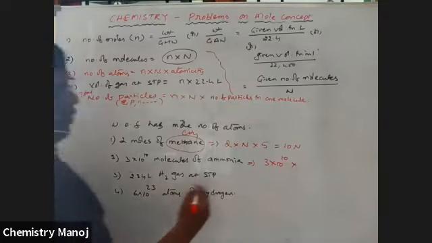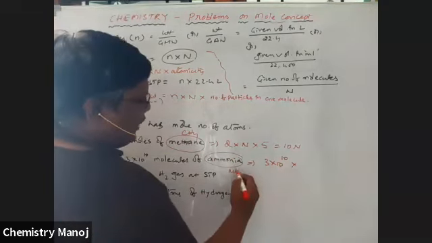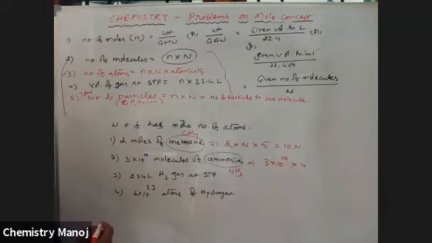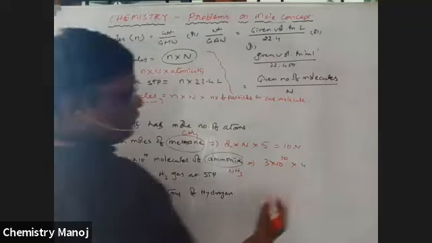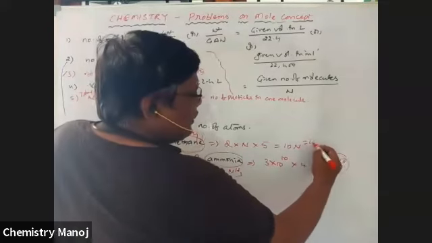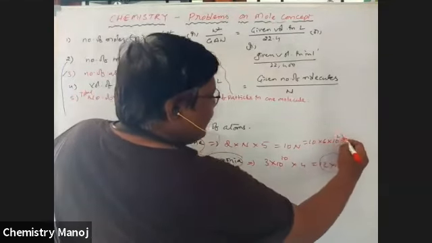Atomicity of ammonia: ammonia is NH3, so it is 4. That is equal to 12 into 10 power 10.